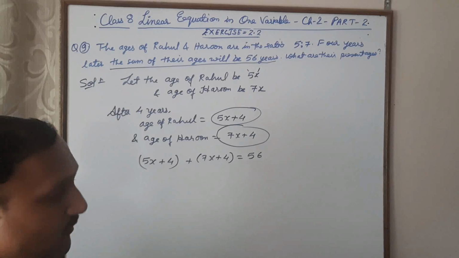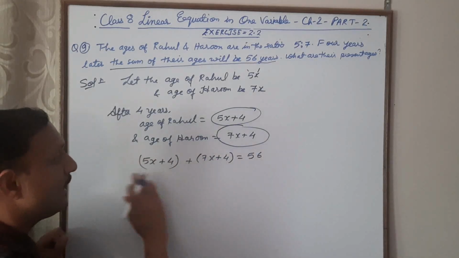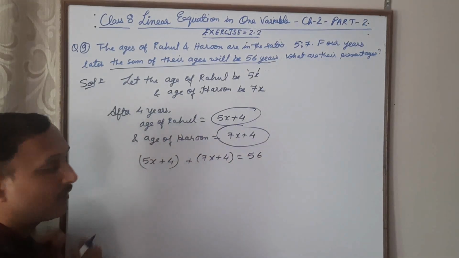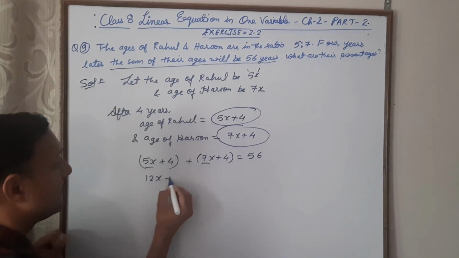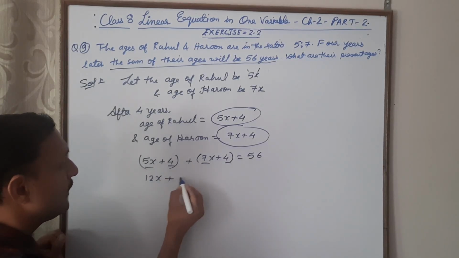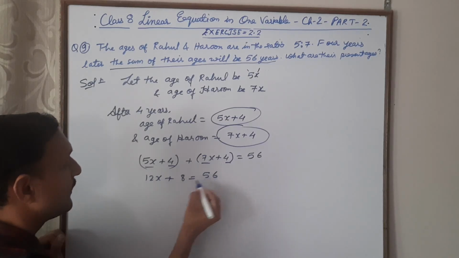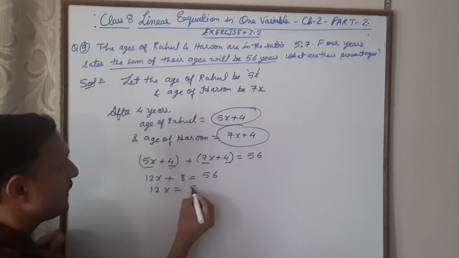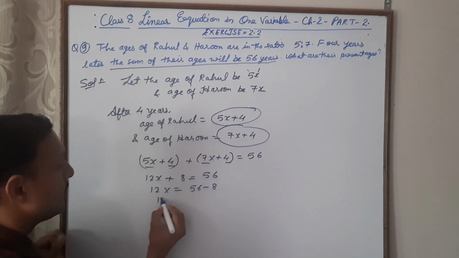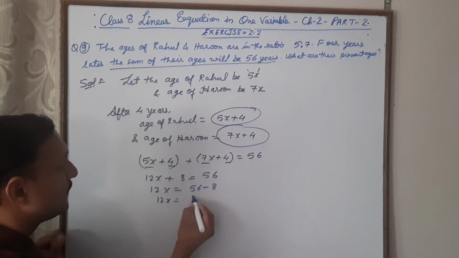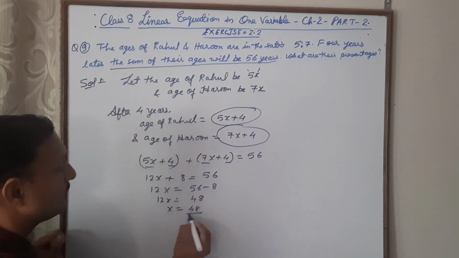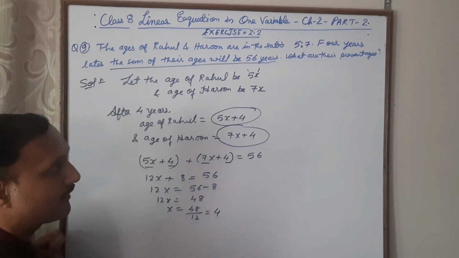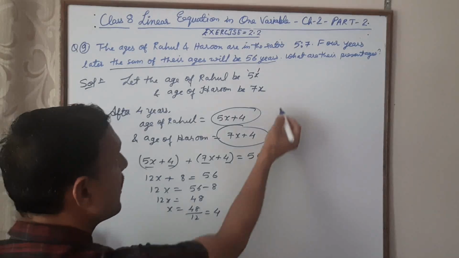So children, see again, we have converted into an equation. 5x plus 7x, 12x. 4 plus 4, 8, equals 56. 12x equals 56 minus 8. 12x equals 48. x equals 48 by 12, which is 4.